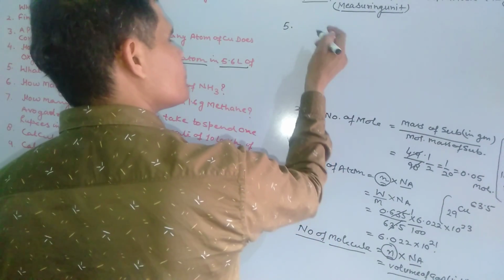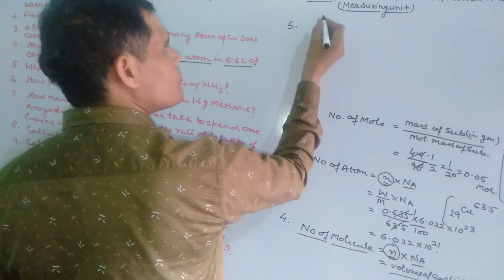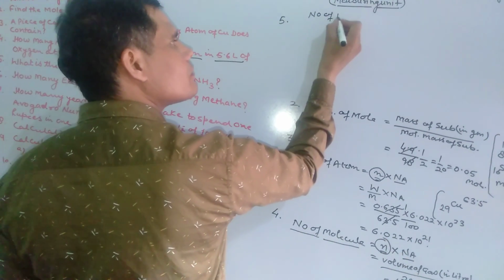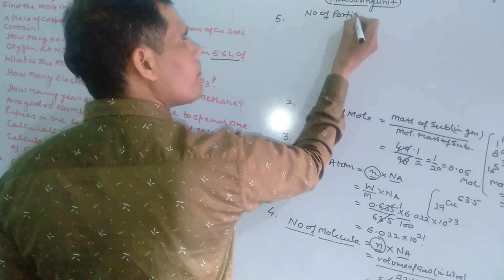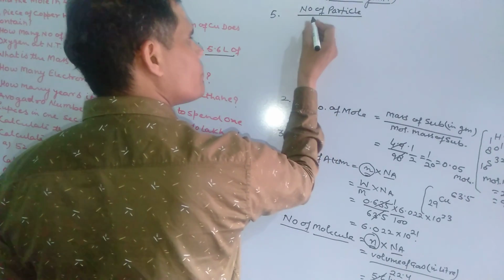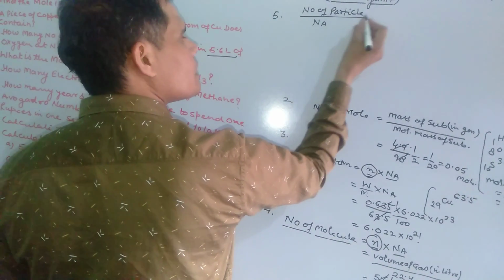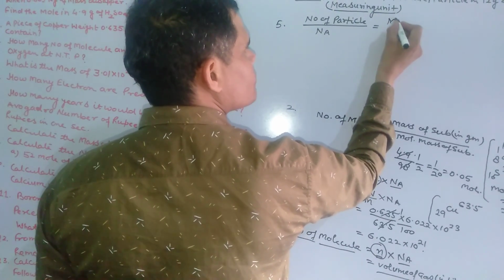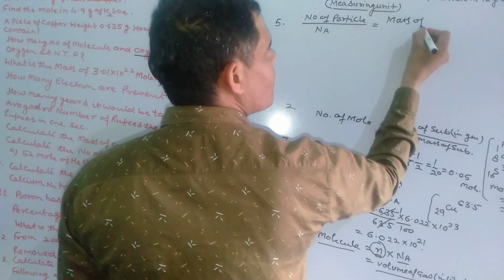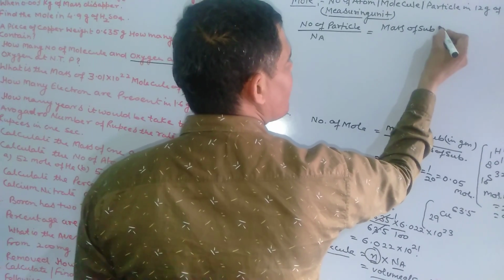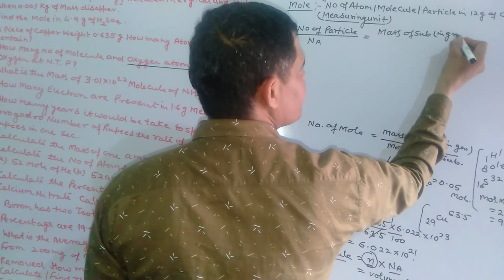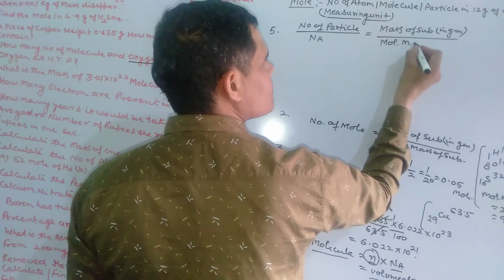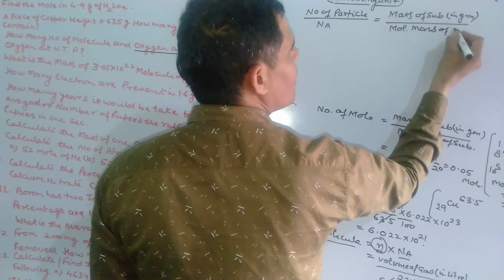There is a formula to calculate the number of moles: number of particles upon Avogadro number will be equal to mass of substance in gram upon molecular mass of substance.